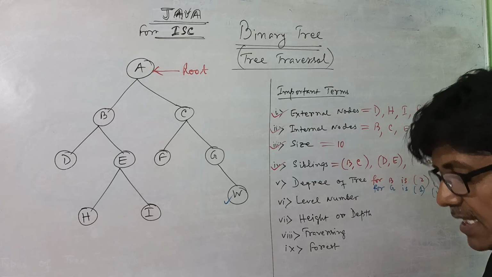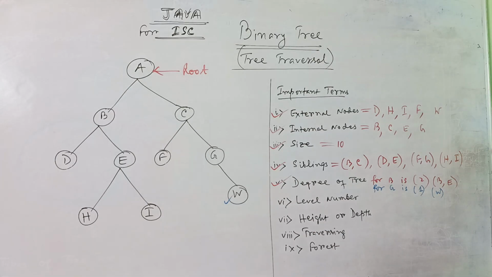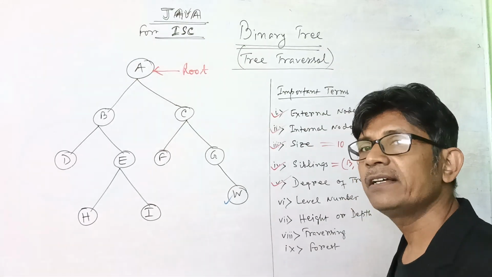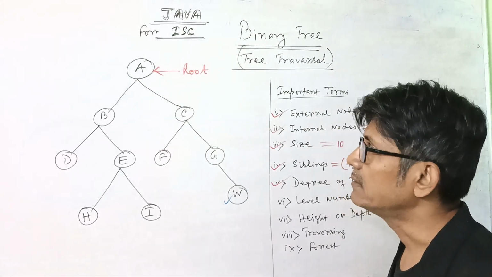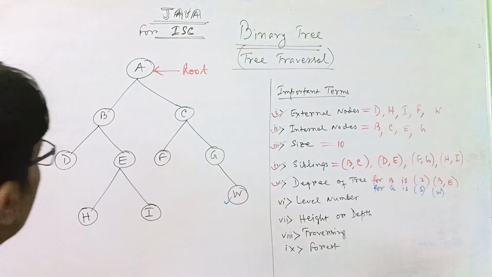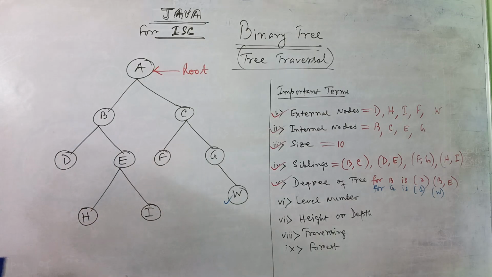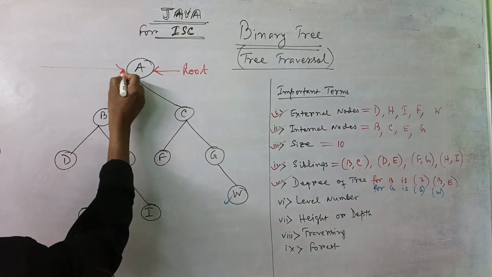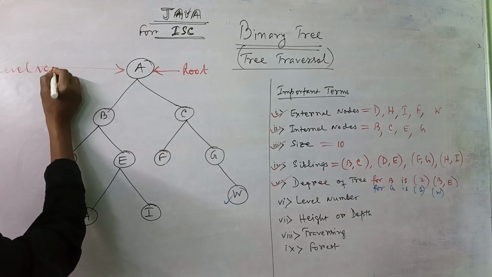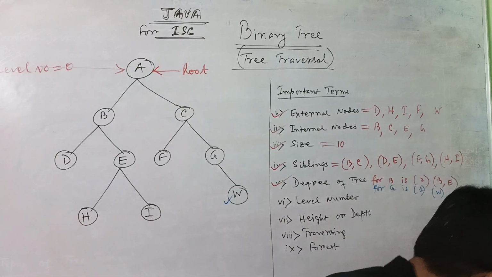Now this is about level numbers. Generally we mark this tree structure using a number, the level. The first level we give the level number 0. This we write as 0.